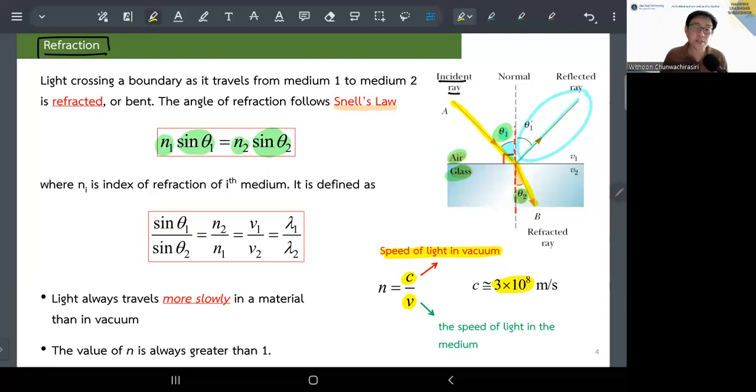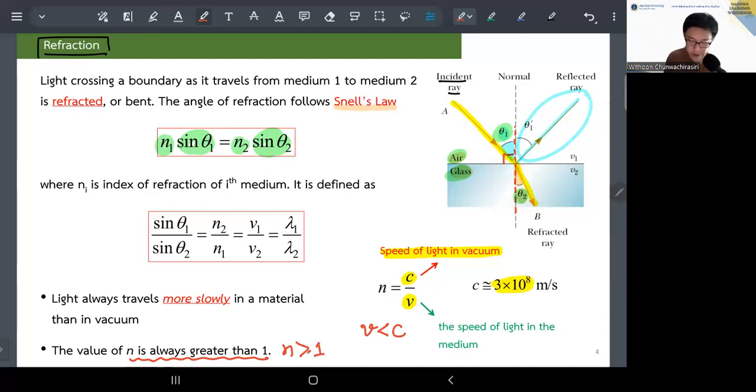And then when you try to send the light into some other medium, like air, water, or glass, it's going to travel more slowly because the light has to interact with the medium itself. Does that make sense? All right, so that's why we always see that v is always less than the speed of light, that's for sure. So that means the n that you're seeing over here is always greater than 1 all the time.